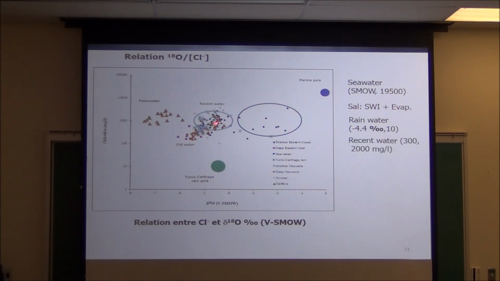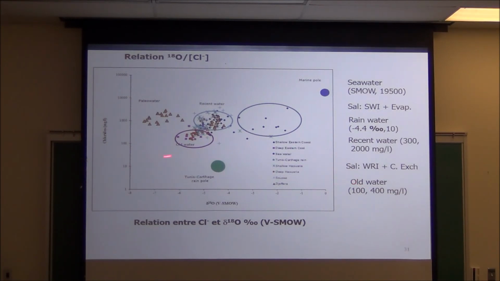The second group has a concentration in chloride between 300 and 2000 milligram per liter. The origin of the salinity for this group is related to water-rock interaction and cation exchange. For the old water, we have fresh water.